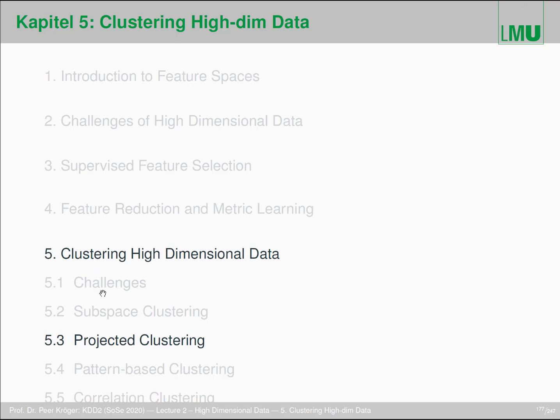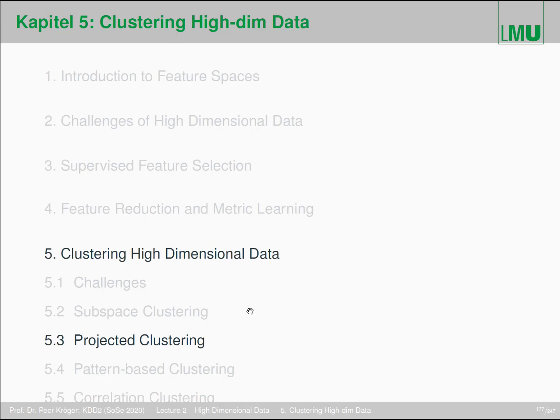So we talked about the challenges specific to clustering, revisiting a little bit the curse of dimensionality we had in section 2, and then we had a short overview on subspace clustering algorithms, which take the bottom-up approach in terms of they start typically with one-dimensional clusters and then try to combine those lower dimensional clusters or features in order to get higher dimensional subspace clusters.